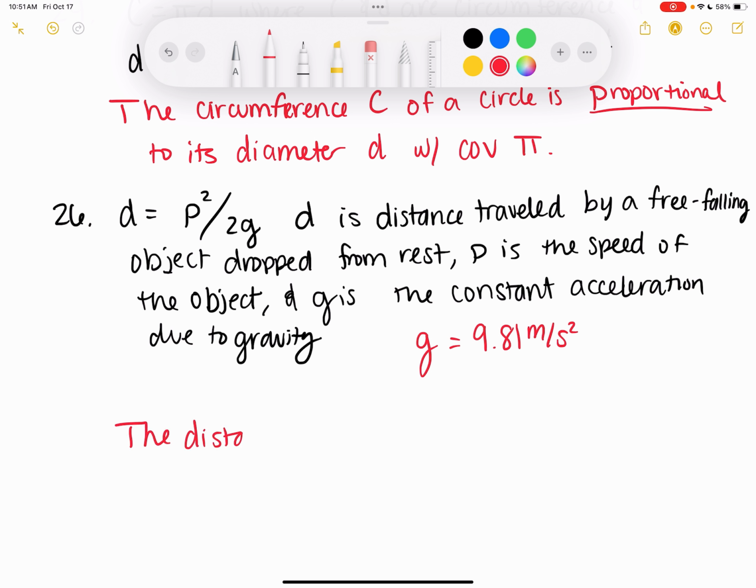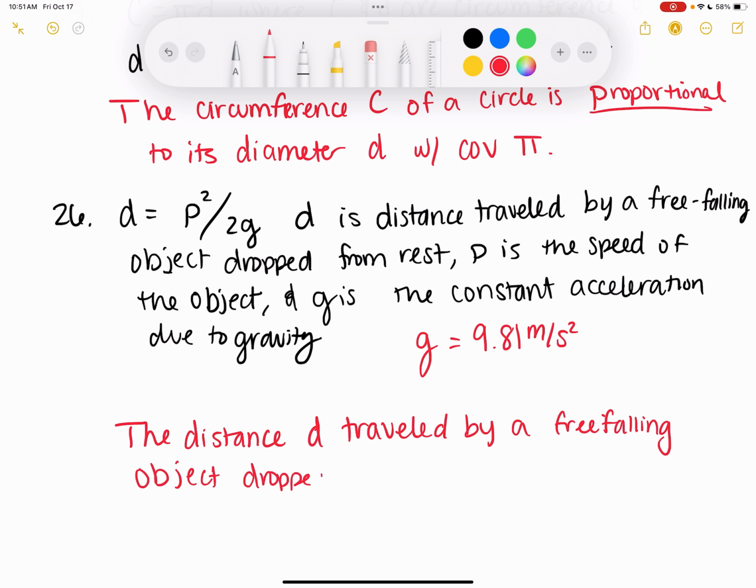traveled by a free-falling object dropped from rest varies directly. Do y'all remember doing direct variation last year?